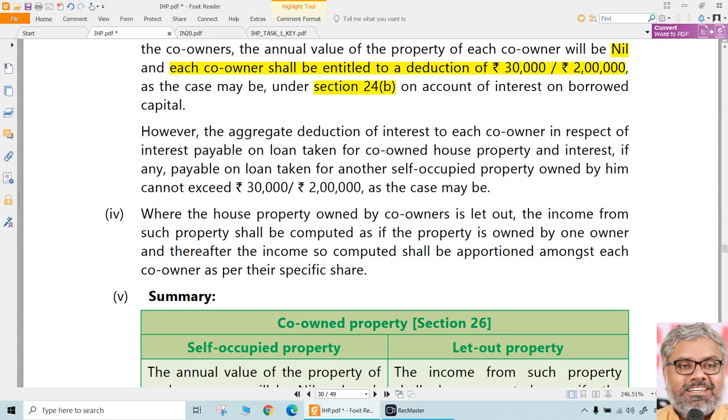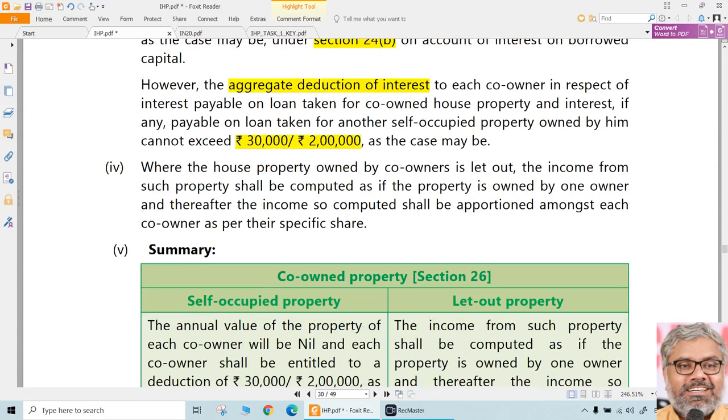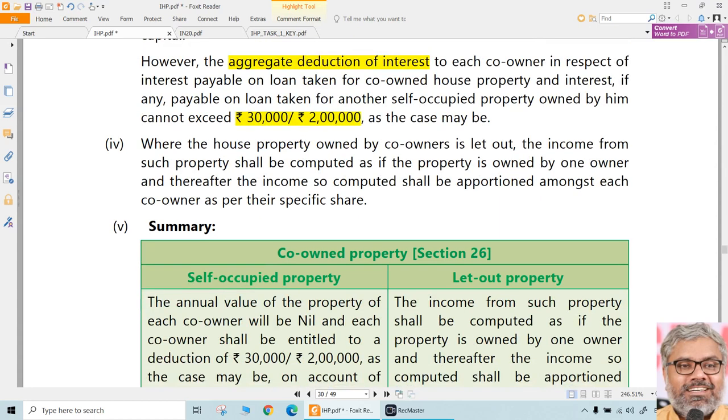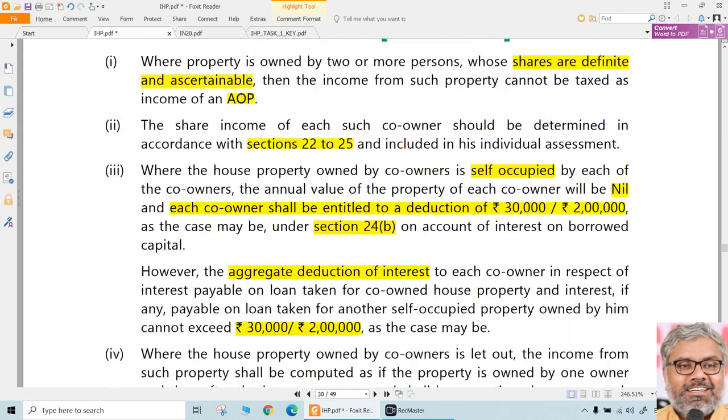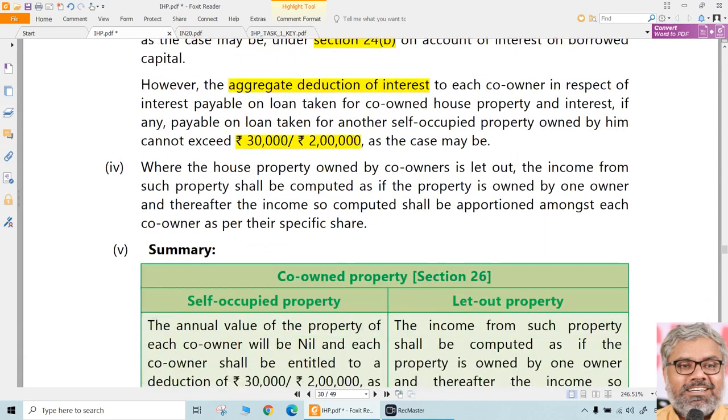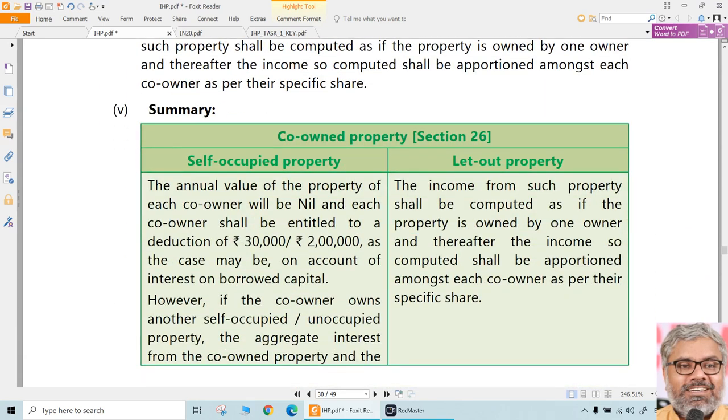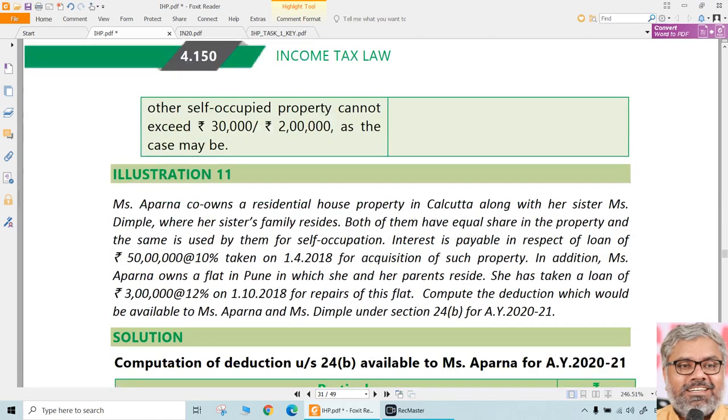No. The entire deduction for one person, whether for one property, two properties, any number of properties, the total aggregate deduction that can be claimed in respect of interest is restricted to 2 lakhs or 30,000, as the case may be. That's it. So that is the co-ownership related to income from house property, when the same property is owned by two or more different people. That's all.